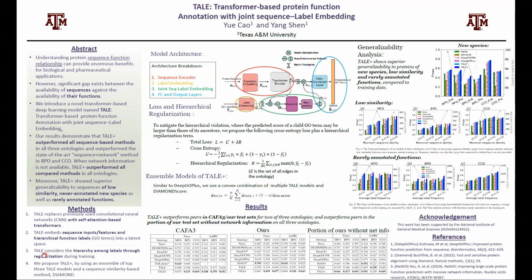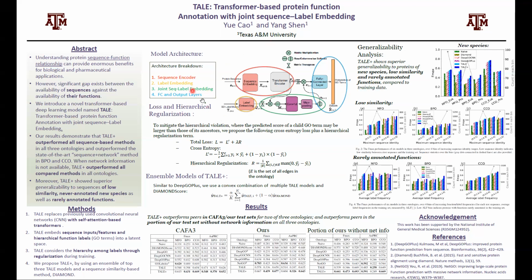And thirdly, we consider the hierarchy among labels through regularization during training, unlike previous methods, which consider this in the post-training way. And finally, we propose TAIL Plus by using an ensemble of top TAIL models and a sequence-based method Diamond. This idea was inspired from DeepGOPlus.